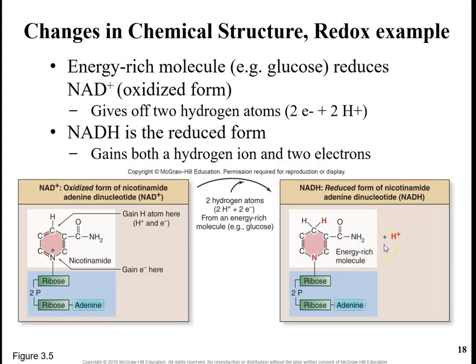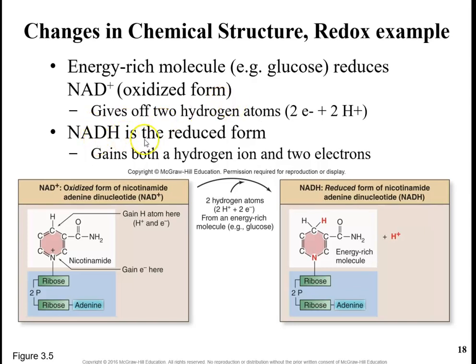And it also produces a hydrogen ion as a byproduct that is released into the local environment. So remember, NAD plus is the oxidized form, and it receives hydrogen atoms from an energy-rich molecule like glucose.